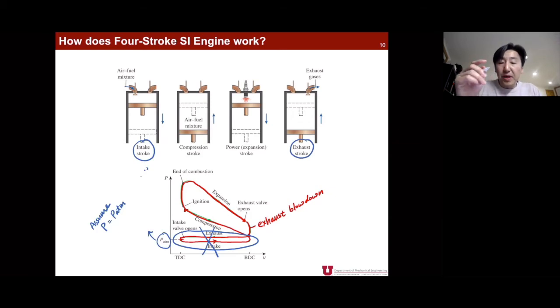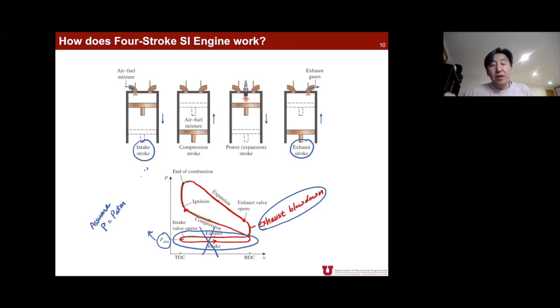Then this exhaust process can be replaced by exhaust blowdown. Then remember, what happens in a real spark ignition engine is the combustion process that changes the total chemical composition of your working fluid. But we ignore that by assuming the only working fluid involved in that engine is air, which is an ideal gas.